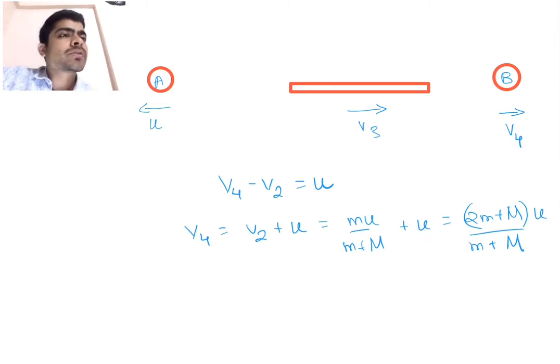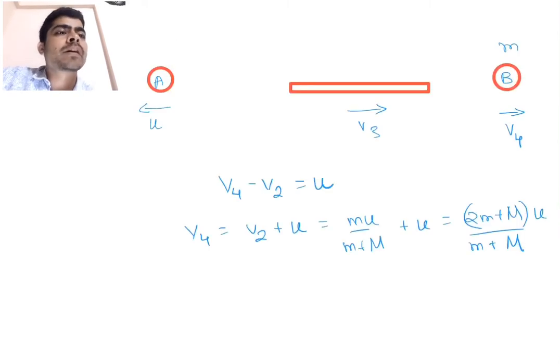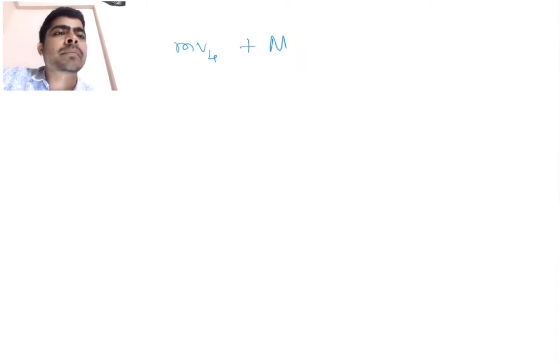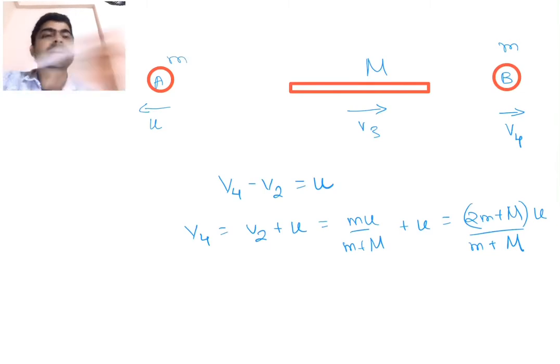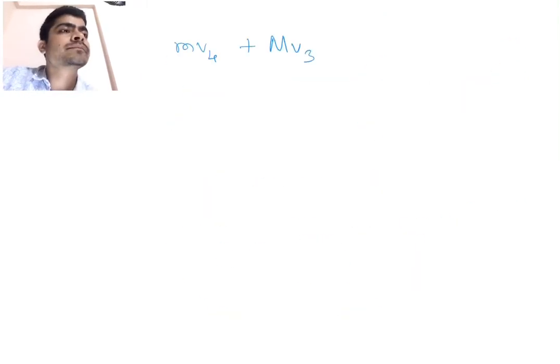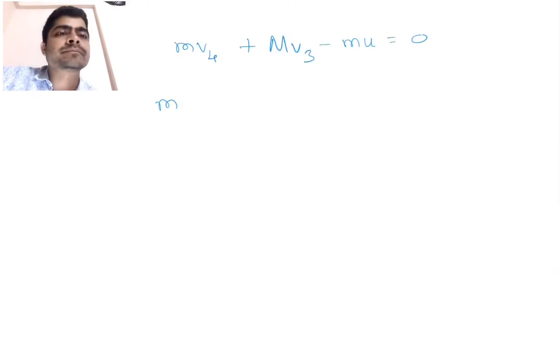Let's do that. So for the person B, mass is small m, velocity is v4, so m into v4. For the railroad car, mass is capital M and velocity is v3, so plus capital M v3. And for the person A, mass is small m, velocity is u in negative direction, so minus mu equal to 0. Let's simplify this further. So m into what is v4? v4 is (2m plus M) into u upon (m plus M).